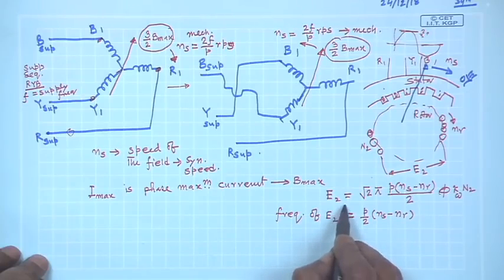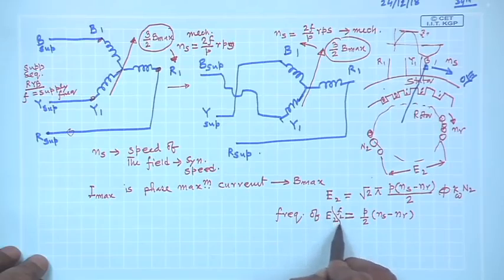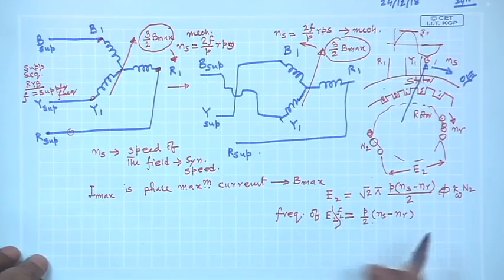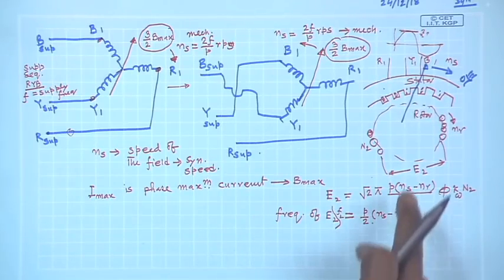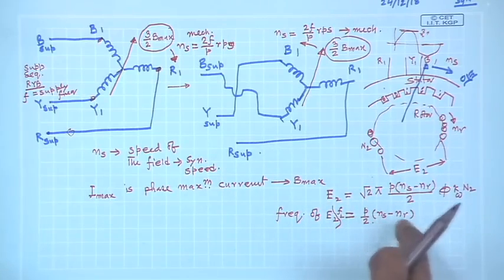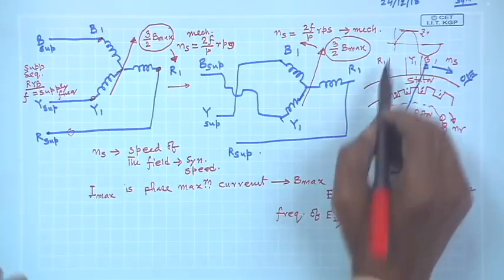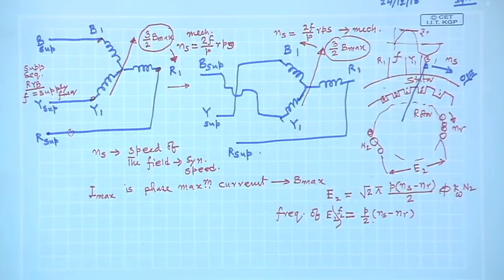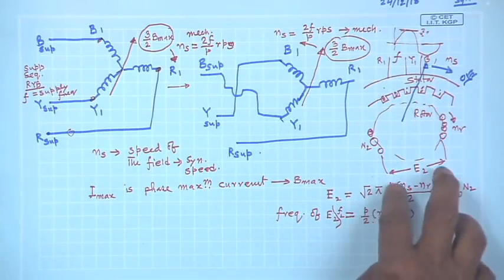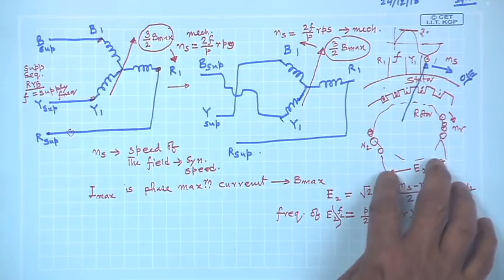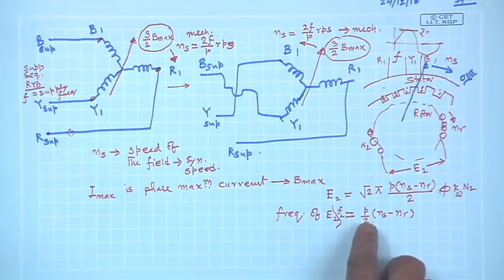Frequency of E2, that is F2, is equal to P by 2 into Ns minus Nr. So, the frequency of the voltage will be this one. Therefore, we see that your supply frequency was F, but the frequency of the induced voltage in this coil will be P by 2 into Ns minus Nr.